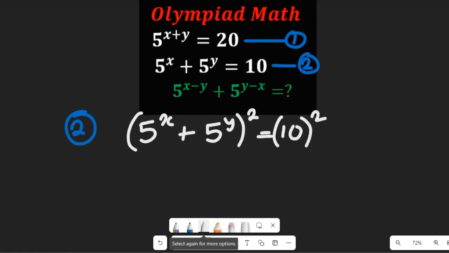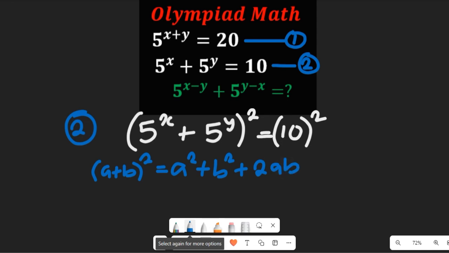Now, if I take the square of this expression, I can compare it to an algebraic formula. If you can recall this, (a plus b) squared is equal to a squared plus b squared plus 2ab, right?